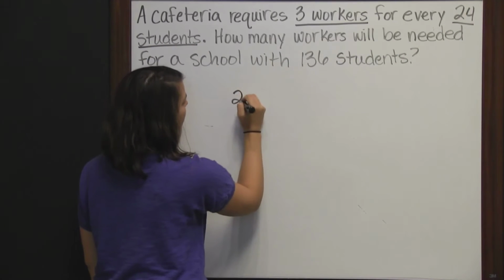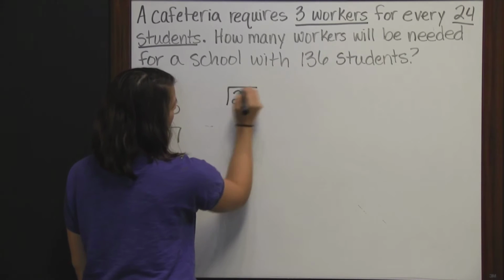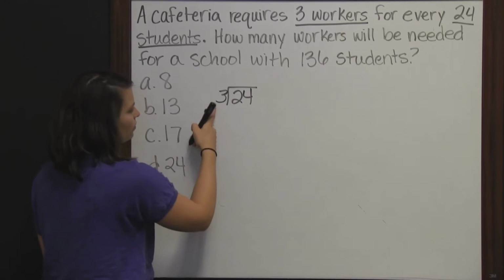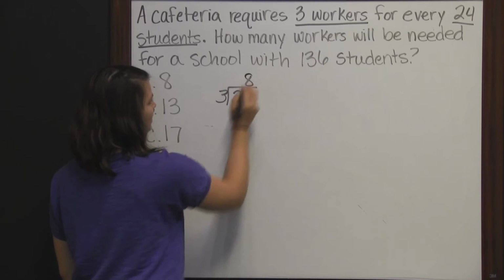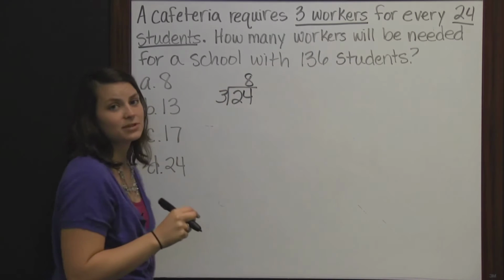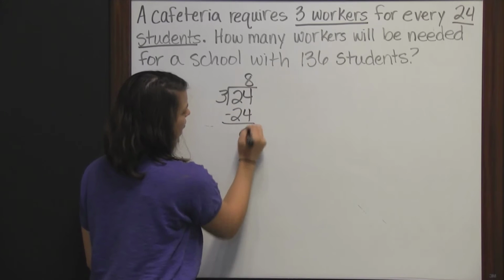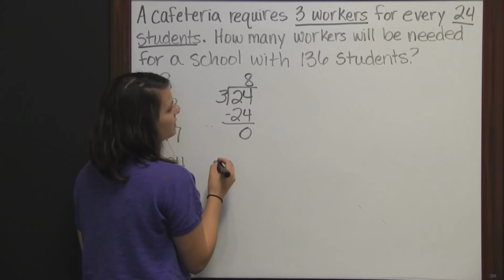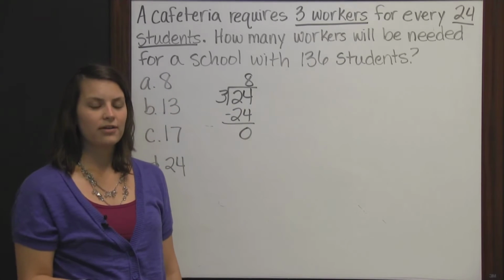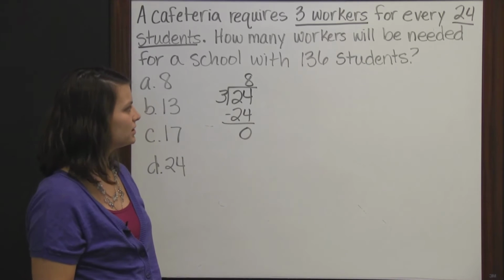So we take 24 and divide it by 3. 3 goes into 24 8 times, because 8 times 3 is 24. So there's no remainder. That means there's 1 worker for every 8 students.